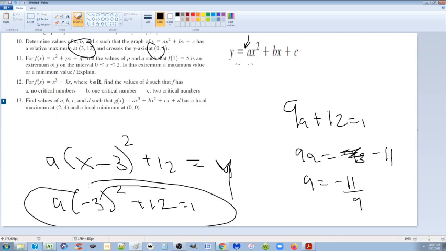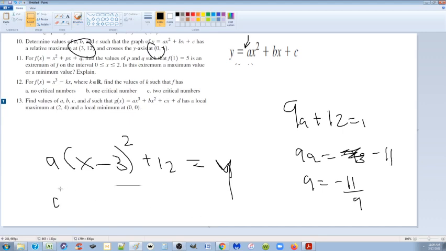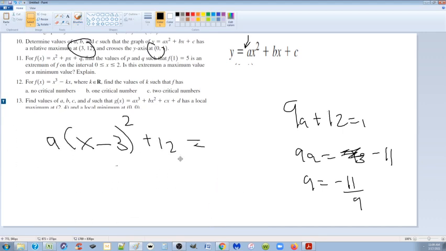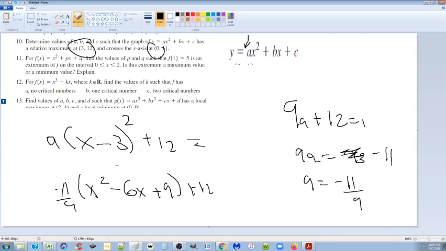Which means I could now expand this up here. That's just this a, it's not the real a, okay? So we get here, this expanded to become x squared minus 6x plus 9 plus 12. But first I have to multiply by minus 11 over 9.